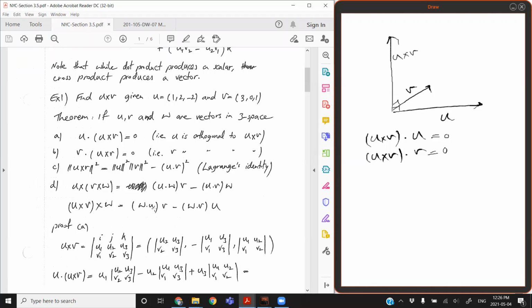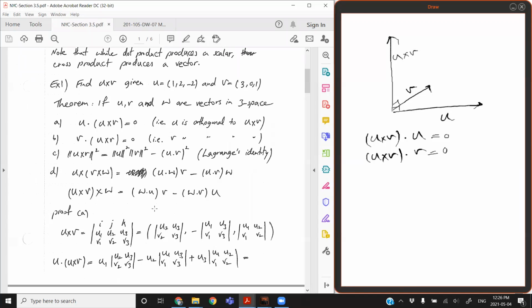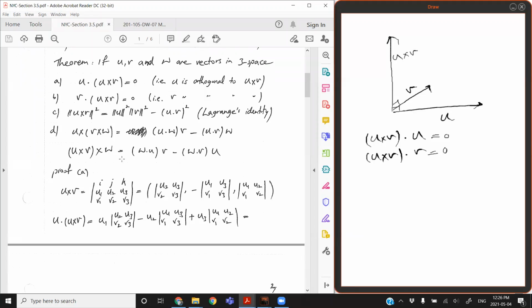And these parts A, B, C, D of this theorem are very easy to prove just using the definition of the cross product. So, for example, part A, we know that the cross product is like having this determinant.